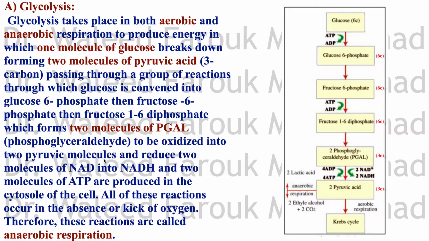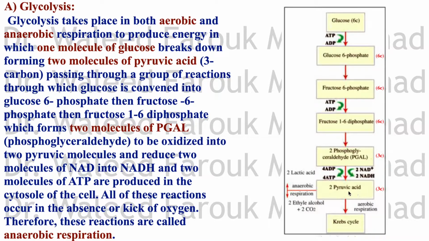First of all, glycolysis. It takes place in aerobic and anaerobic respiration. One molecule of glucose breaks down into two molecules of pyruvic acid. As you can see here, this is one molecule of glucose 6C, and two molecules of pyruvic acid, 2 times 3C.